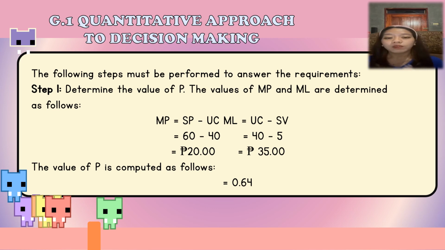So, ang una nating step na gagawin is 20 plus 35 is 55. So, pag nakuha na natin yun, i-divide lang natin siya sa ML, na 35 divided by 55 is 0.64. Kung kasi nun, 0.63, niround off lang natin siya, kaya naging 0.64.